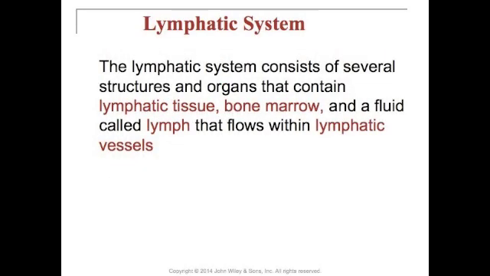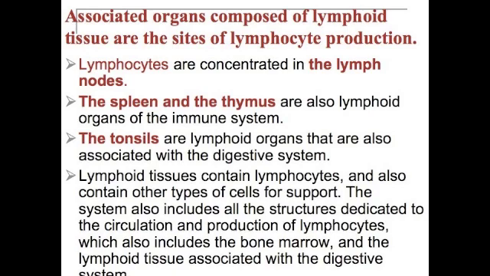The lymphatic system consists of several structures and organs that contain lymphatic tissue, bone marrow, and a fluid called lymph that flows within the lymphatic vessels. The associated organs composed of lymphoid tissue are the sites of lymphocyte production. Lymphocytes are concentrated in the lymph nodes. The spleen and thymus are also lymphoid organs of the immune system.